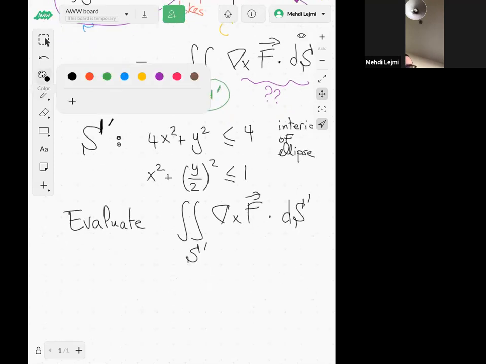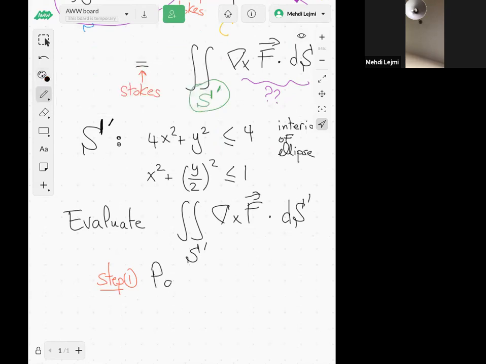Step 1 is to parameterize S prime and make sure that you have a consistent orientation, of course. So I'm going to use polar coordinates.